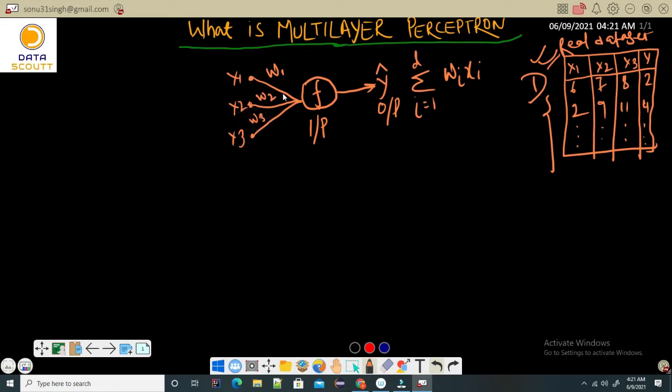We'll see in our future videos how we assign these weights. And we also know one more thing: there is a bias which always gets added. So this is what we know about a single perceptron, or single layer neuron, where we have input and just output.